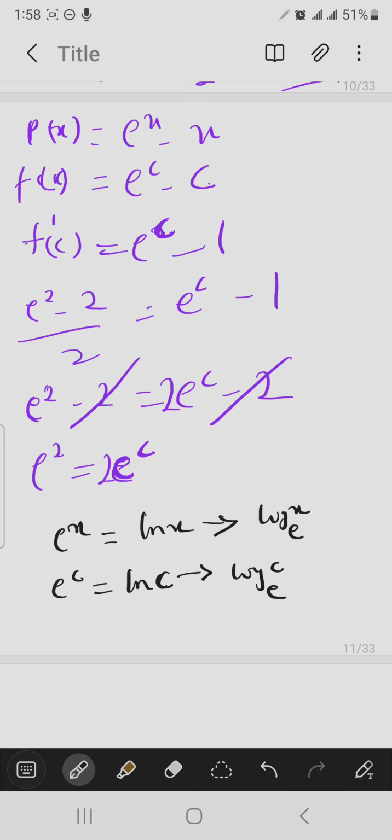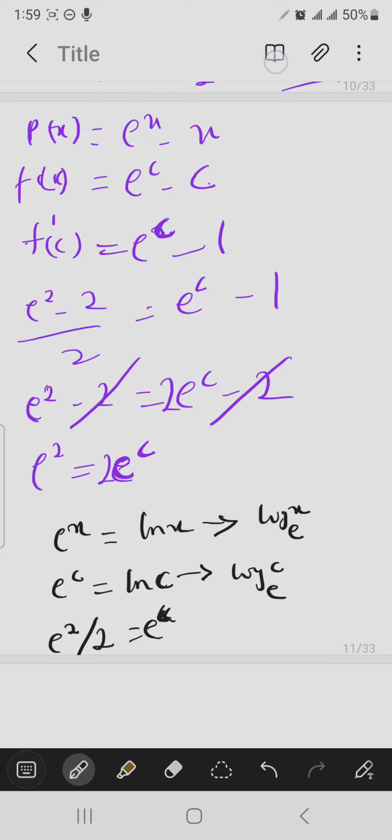Now we want to find this. So e raised to power 2 divided by 2 equals to e raised to power c. So now finding this, you know e raised to power c will now be equal to what? Log of c base e. I don't know if you understand what I'm saying.